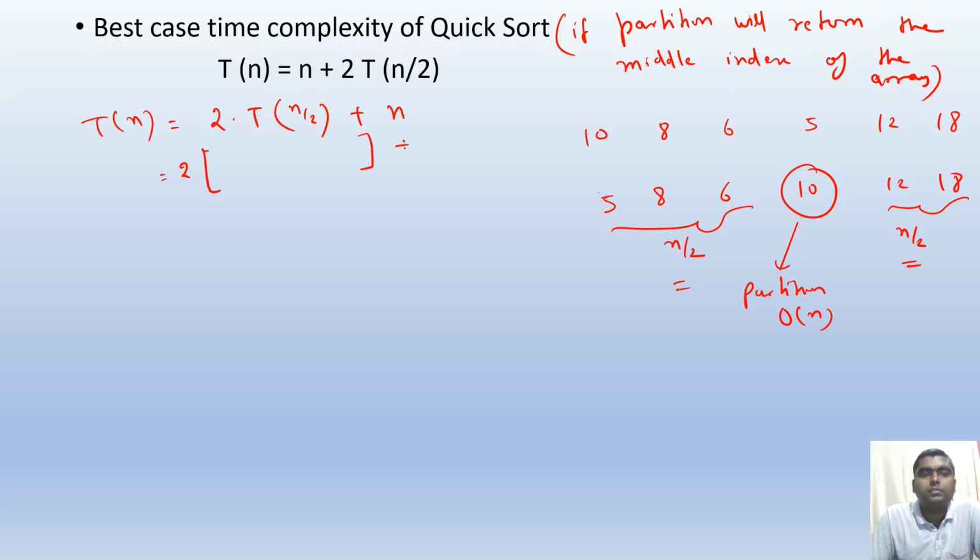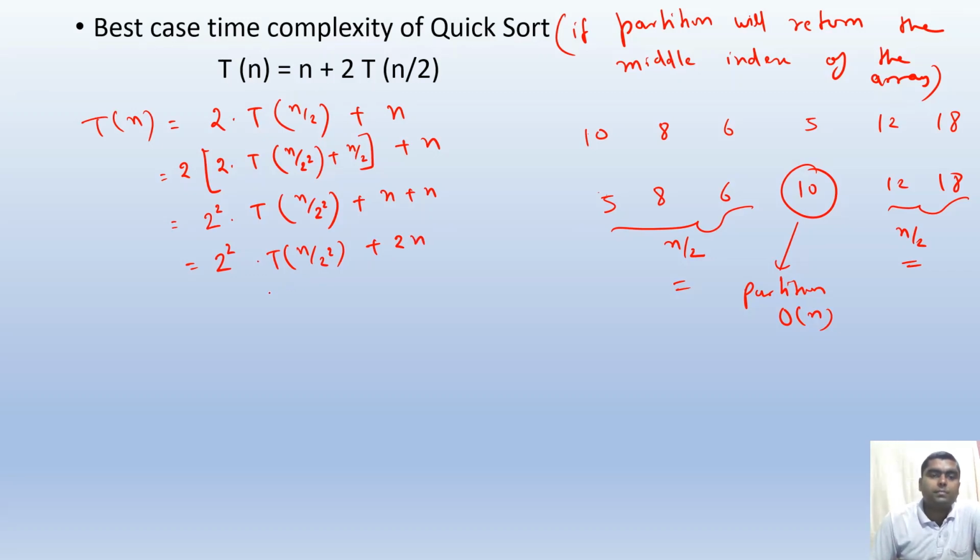So t of n by 2 gives 2 t of n by 4 plus n by 2, and if you multiply this, it becomes 2 square t of n by 2 square plus n plus n, so finally it is 2 square into t of n upon 2 square plus 2n.